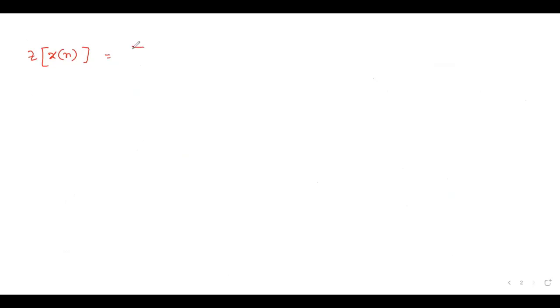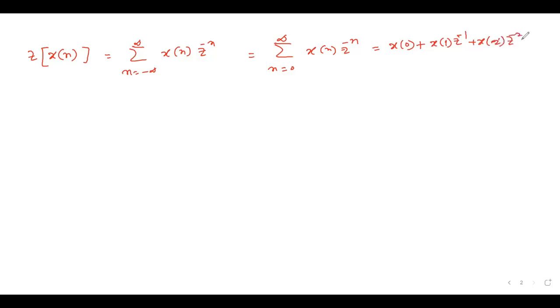So this is the formula, the sum from n equal to minus infinity to plus infinity of x[n] z to the power minus n. Now for a right hand signal, we have n equal to 0 to infinity. That means this is x[n] z to the power minus n. If you write it out, it will be x[0] plus x[1] z to the power minus 1 plus x[2] z to the power minus 2. So you will look at the ROC carefully.